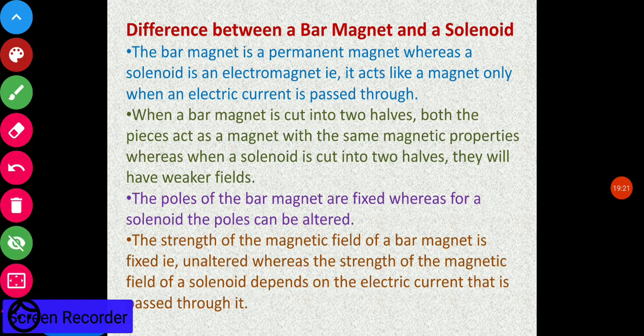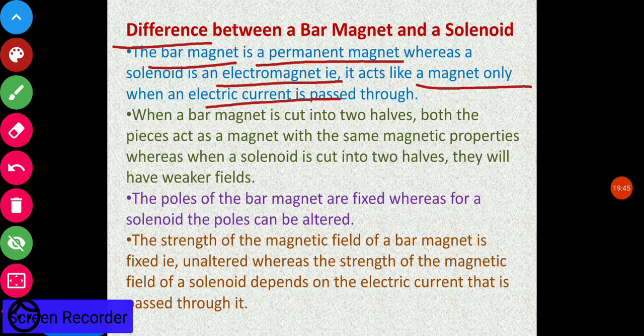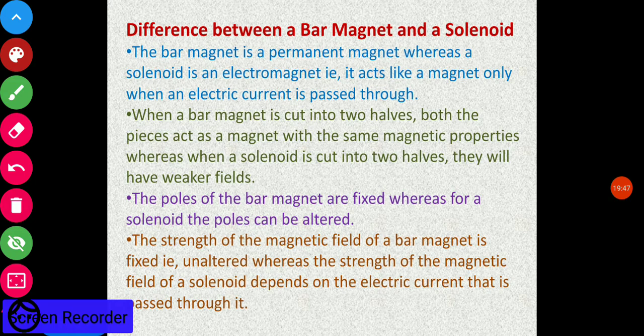Though it is equivalent to a solenoid, the bar magnet and solenoid have little differences. So let us see what these differences are. A bar magnet is a permanent magnet, whereas a solenoid is an electromagnet, that is, it acts like a magnet only when an electric current is passed through it.